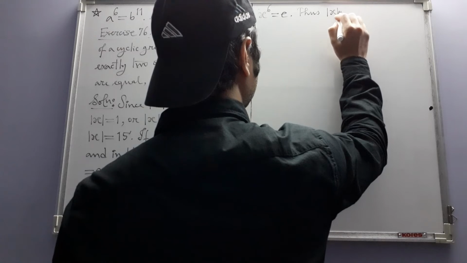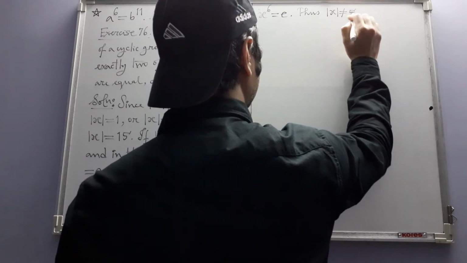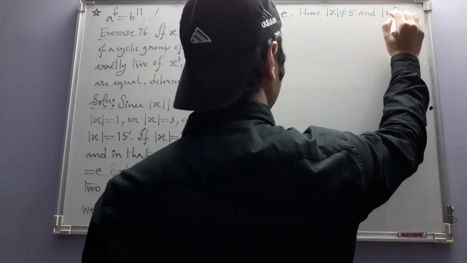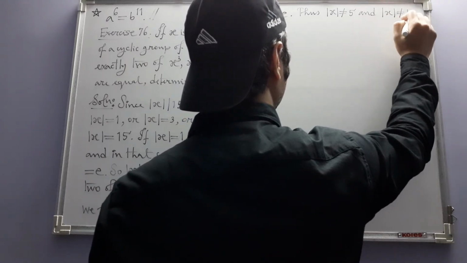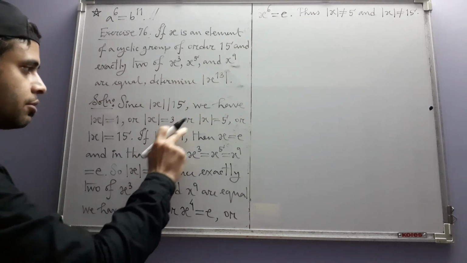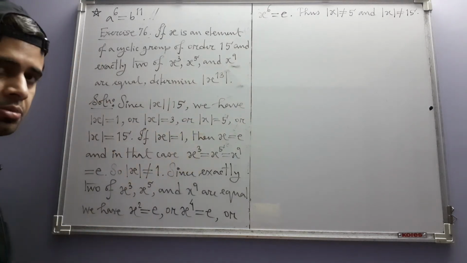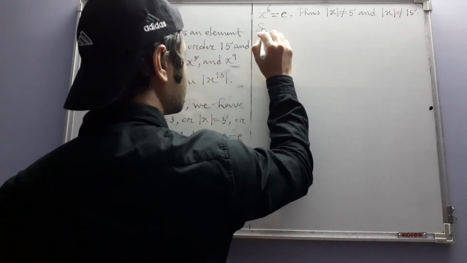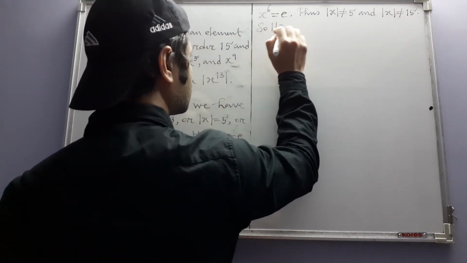Thus order of x is not 5 and order of x is not 15. So it is neither 1 nor 5 nor 15. So the only possibility is it is 3.